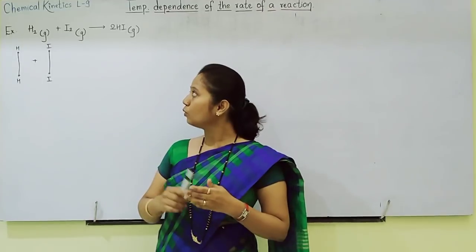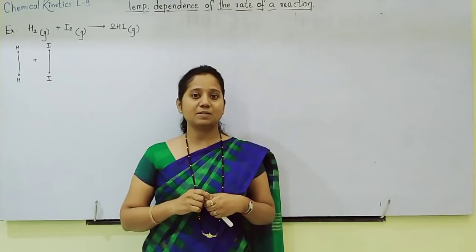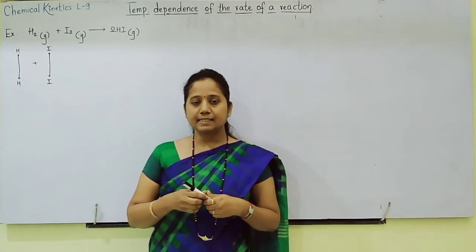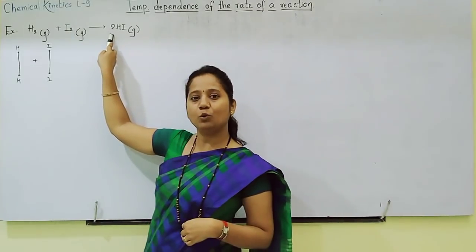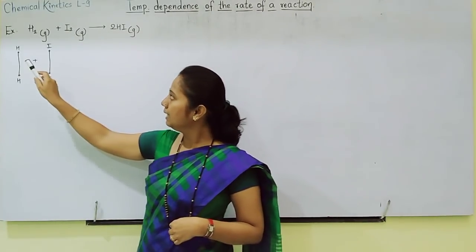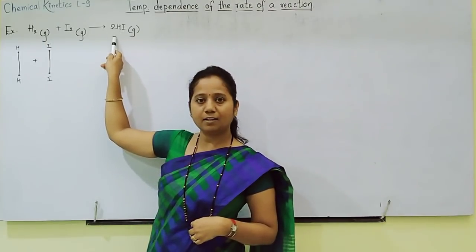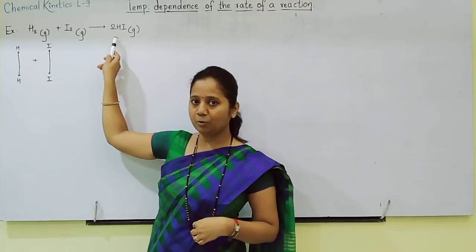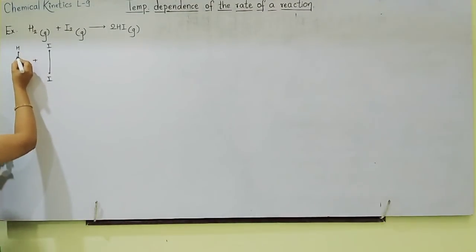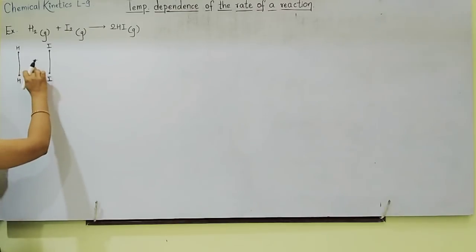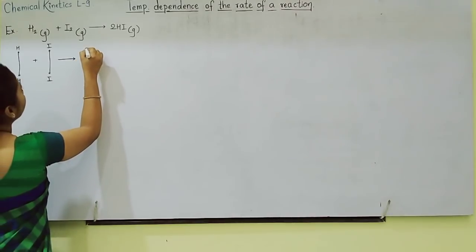Yes, students. So let us understand what is activation energy and what is the Boltzmann factor. Let us take an example. H2 combines with I2 to form 2HI. Here the reactants are hydrogen and iodine. The products are 2 hydrogen iodide molecules. See here, I have shown one H2 molecule plus I2, both will combine to form.